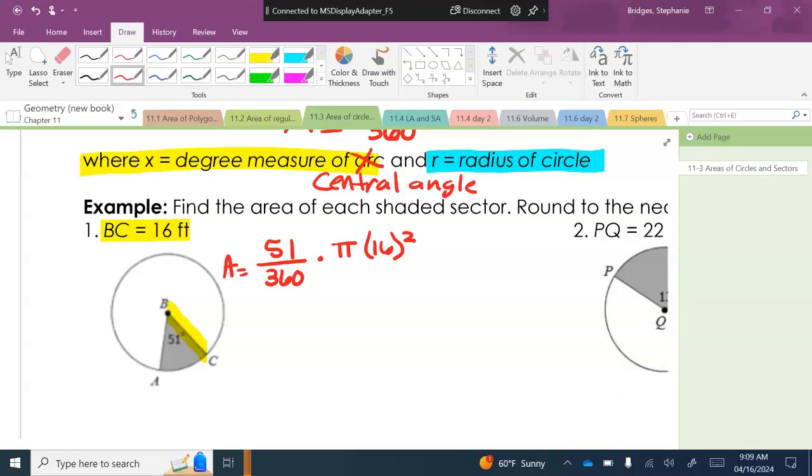Because we want to leave it in fraction. So do 51 and then your 360. And then hit equals. Did everybody get a fraction in your calculator? What is that fraction? Okay. What we did was we just reduced 51 over 360.